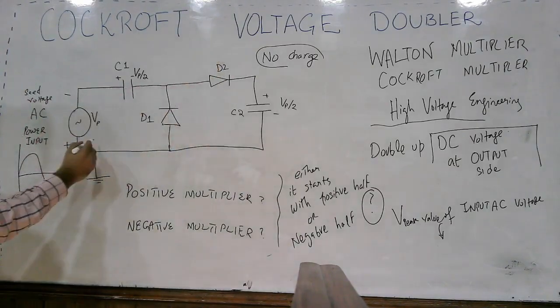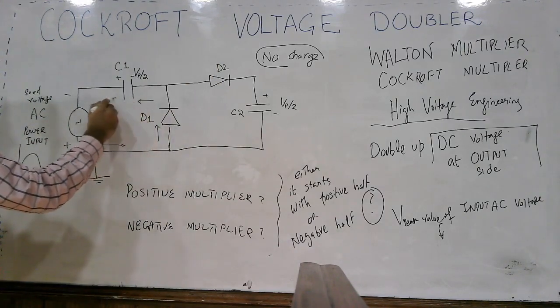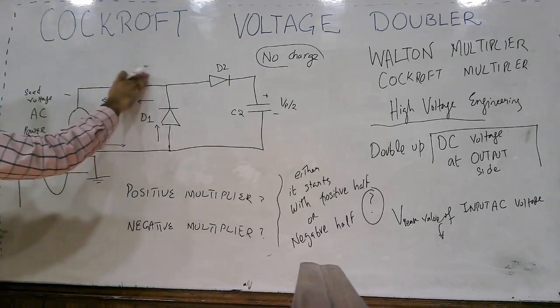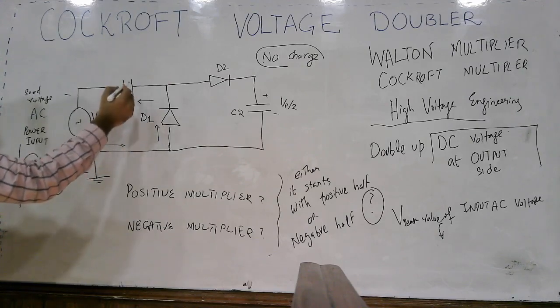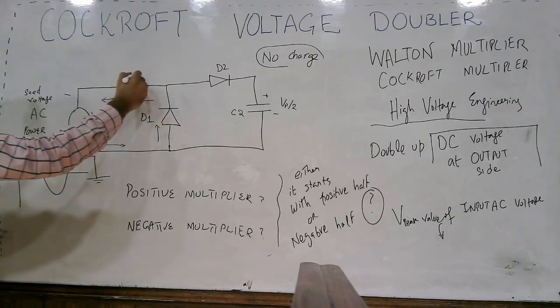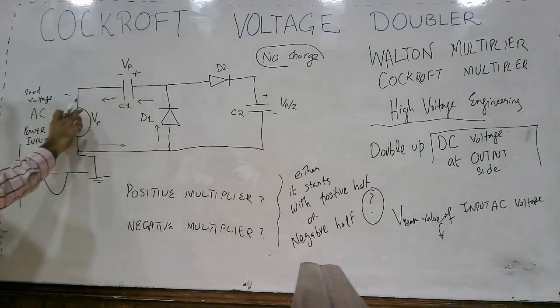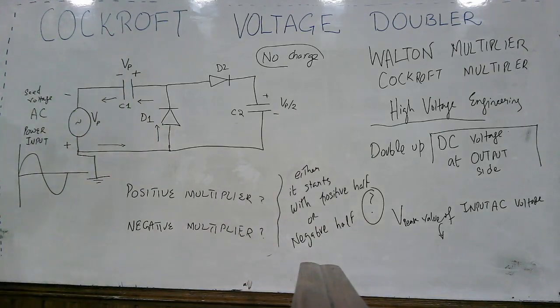The current flows in this direction and charges the capacitor C1 to Vp. Whatever the peak voltage is will be stored across this capacitor C1.